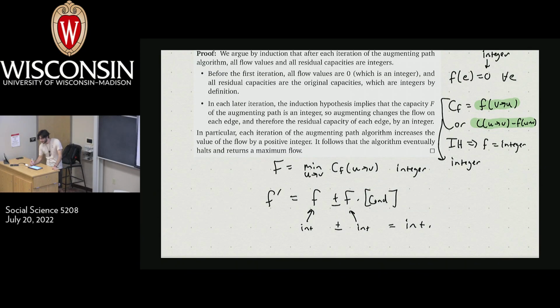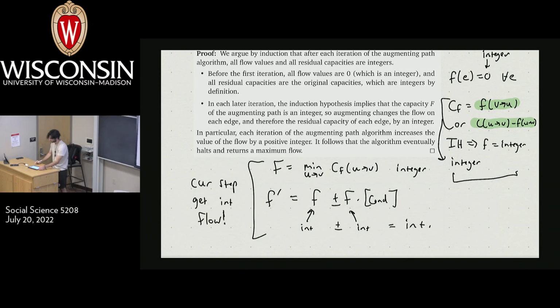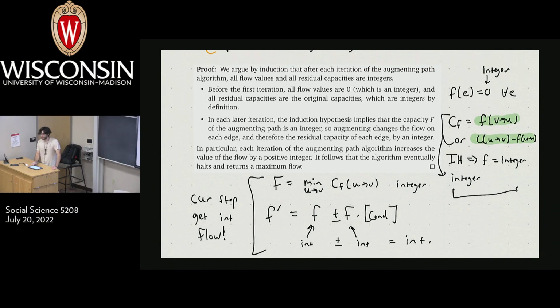So assuming the past steps correctly made f an integer, then in the current step, we also get a flow that's integer. Okay? So that's basically the whole induction proof. And you can write it in words, but that's the idea.